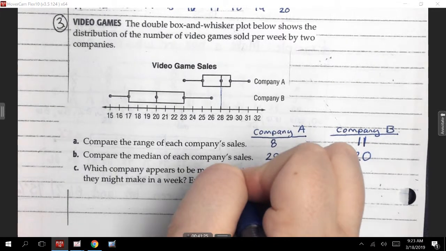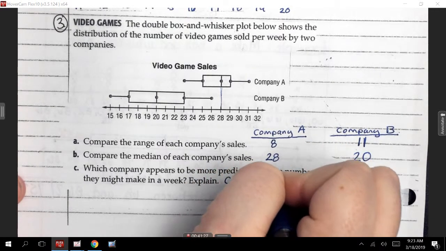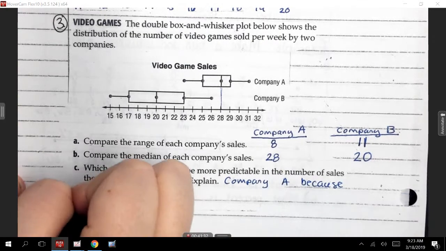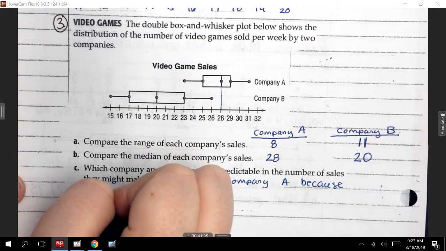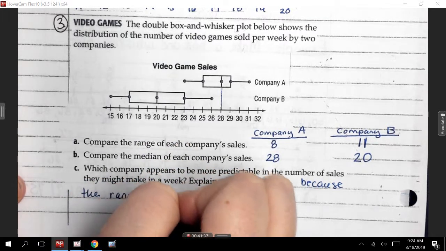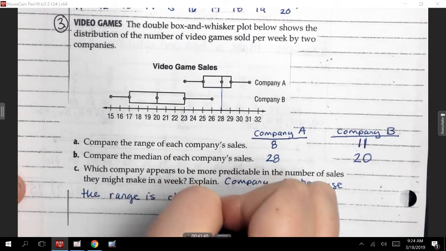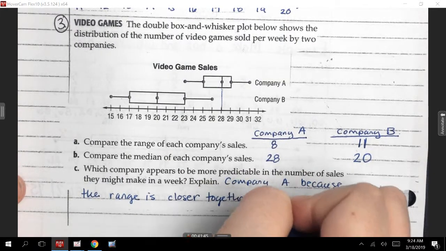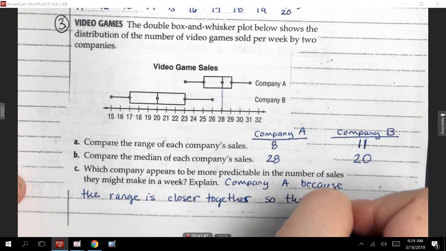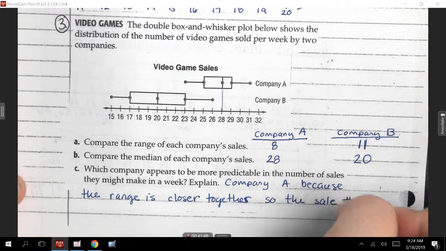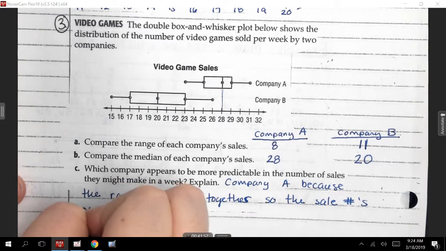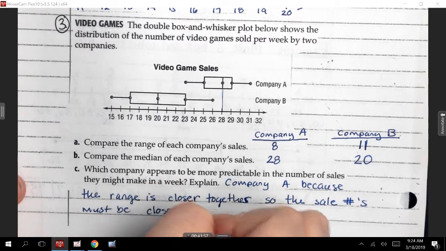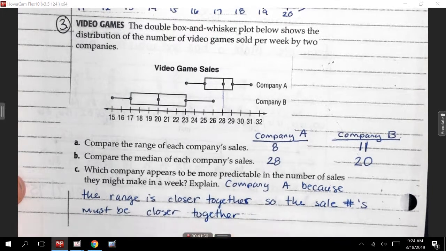So we can say company A because the range is closer together, so the sale numbers must be closer together.